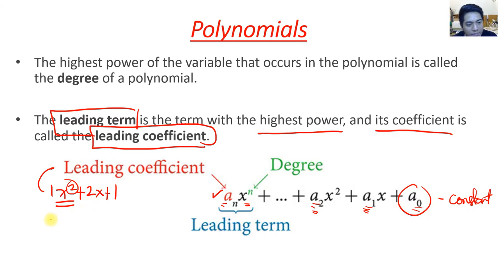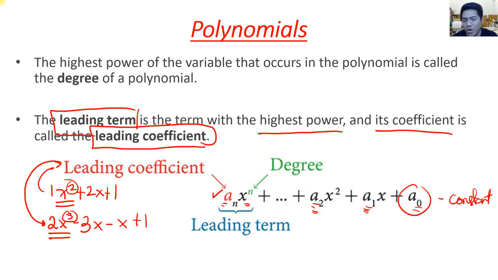For example, 2x cubed minus 3x minus x plus 1. The degree of this polynomial is third degree, the leading term is 2x cubed since it contains the highest degree among the terms, and the leading coefficient is 2.